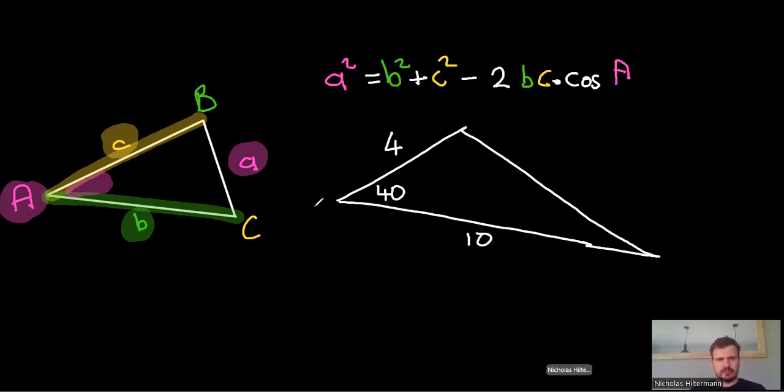Often the letters will be like G, E, F, so it won't be obvious. It may not be letters in order, so let's do it with letters not in order.